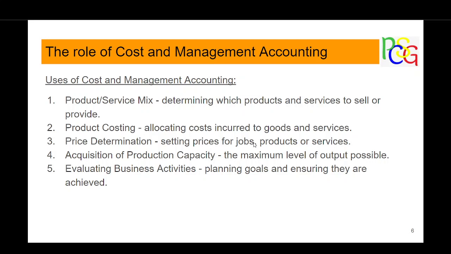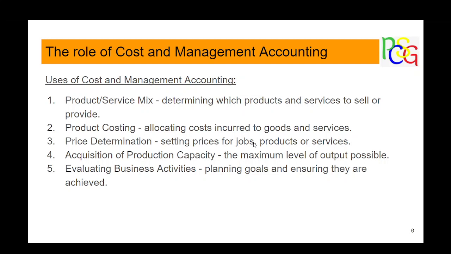So in order to once again permit informed decision making, we have to allocate costs to the goods and services which generated these costs. And we have to do it as accurately as we can, because there are going to be some costs which we can't directly trace to the goods and services which generated them, but that will be covered later on in the syllabus.